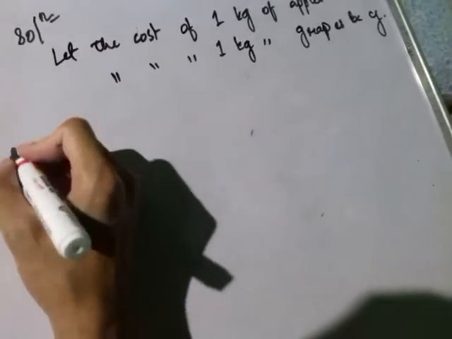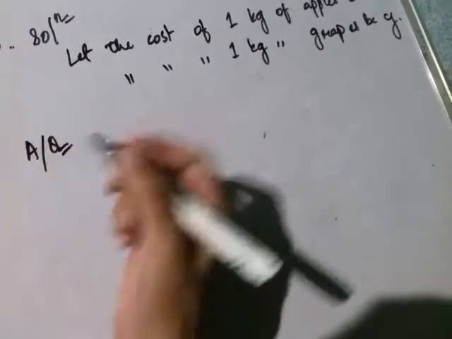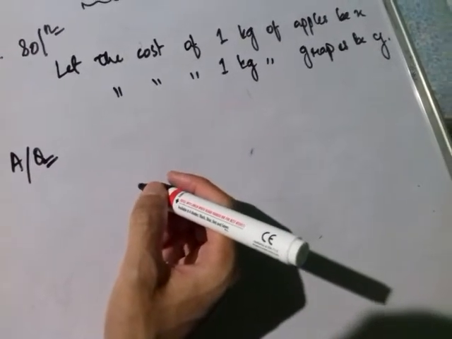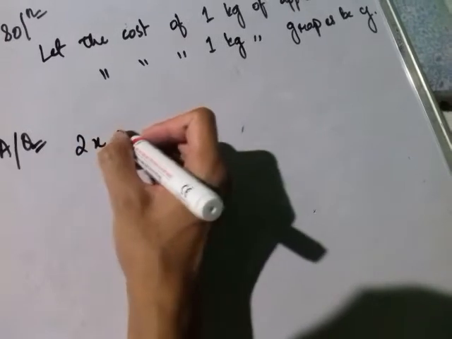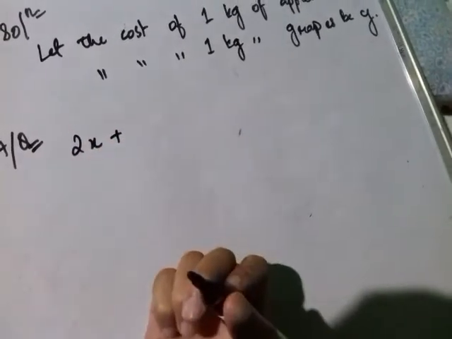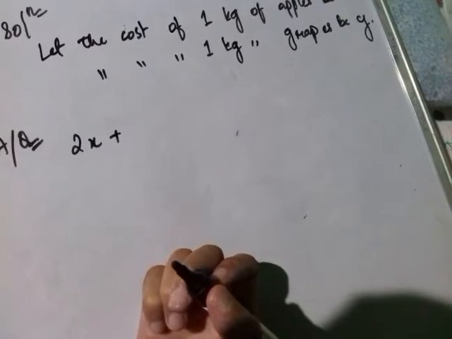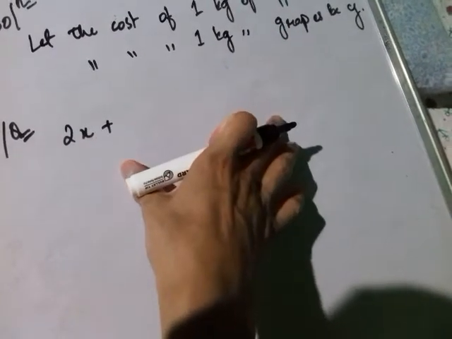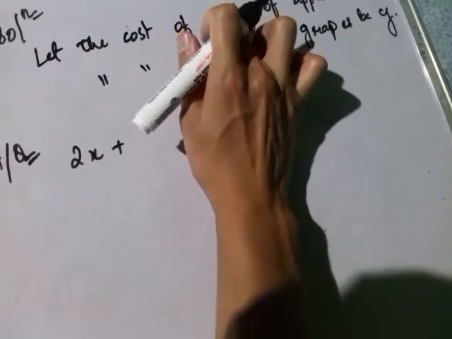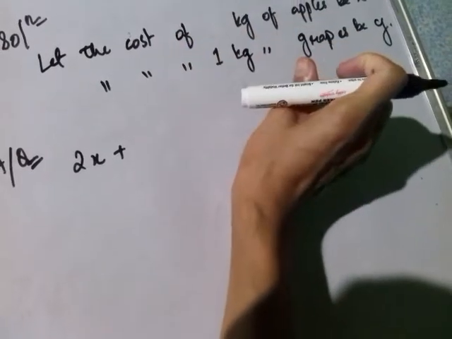Okay, so you will write here according to the question. You see here 2 kg of apples, that means 2 into x plus. Why have I written plus? Because 2 kg of apples and 1 kg of grapes, that means you will add. Sorry, I have written it wrong here.